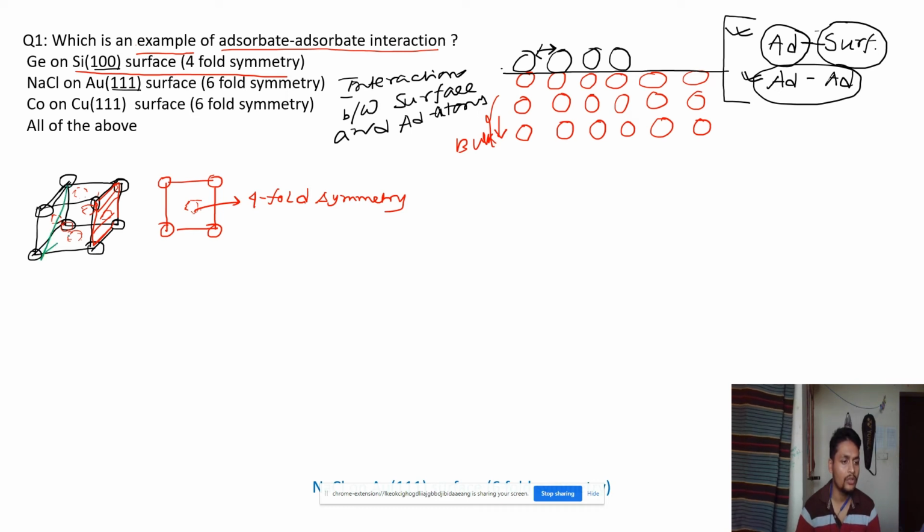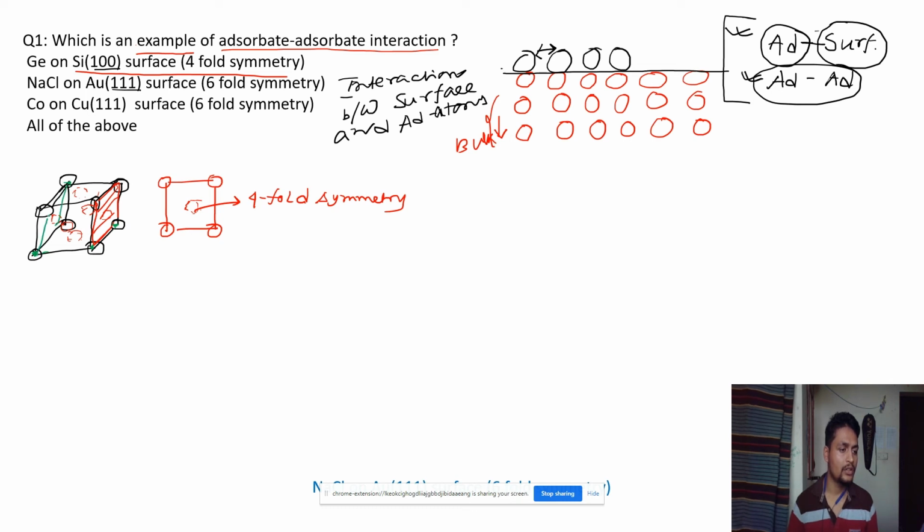So this is my 111, obviously. Let's draw it. What is 111? It means it is going to intercept each axis x, y, and z at one position. Let's say x is one, y is one, and z is one.